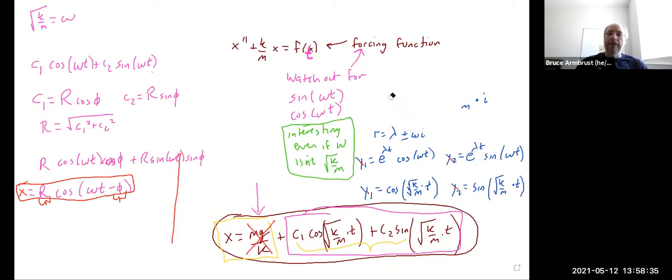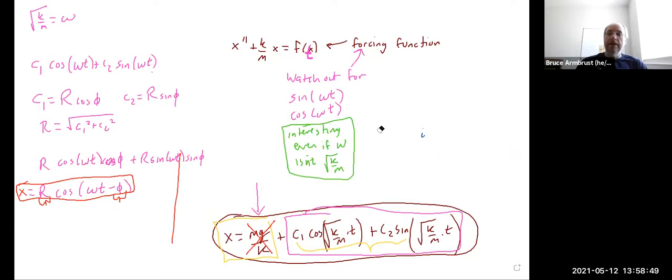Even if this omega that's part of the forcing function is not the same omega as in our homogeneous set, we still get some interesting things happening. And let me show you why.